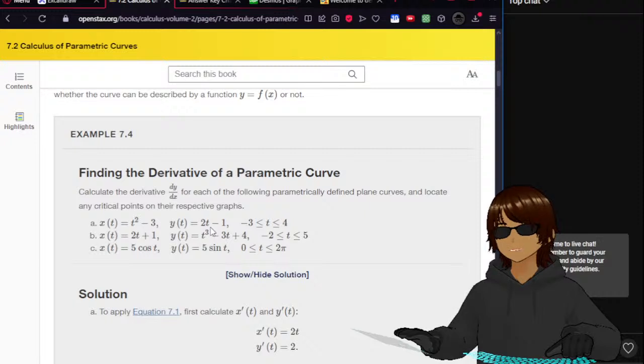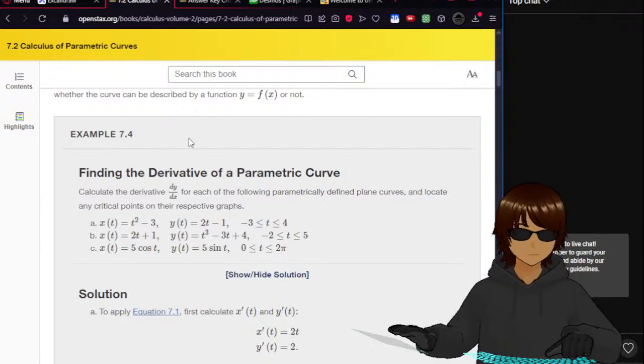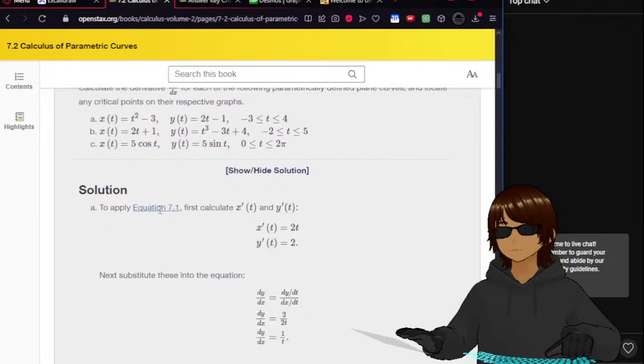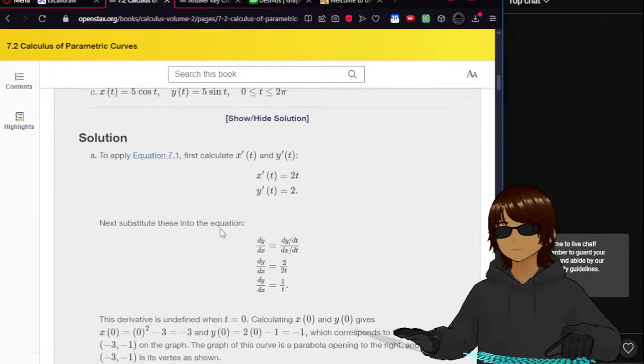Critical point is when it's 0, right? This derivative is undefined when t is equal to 0.